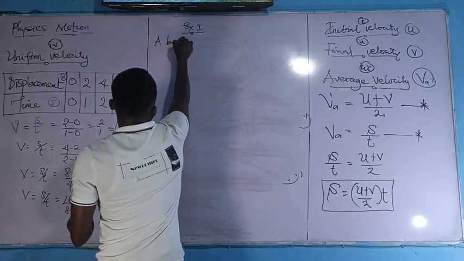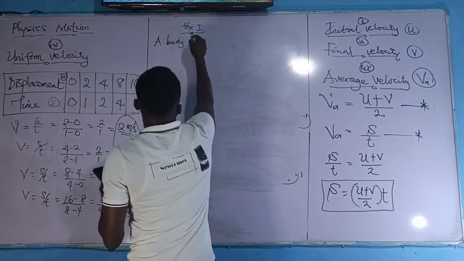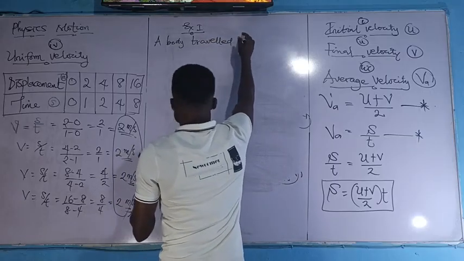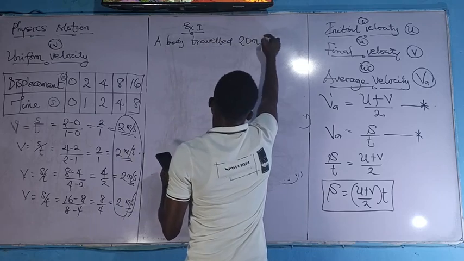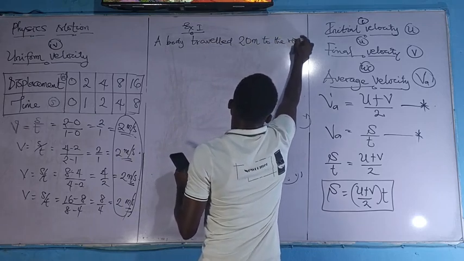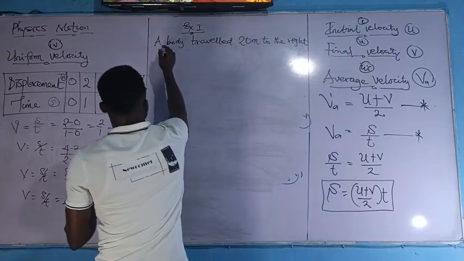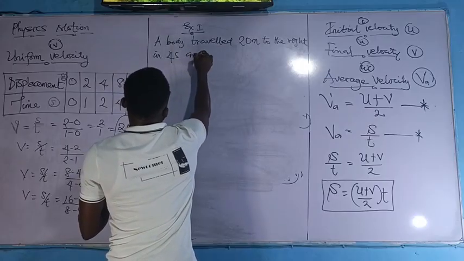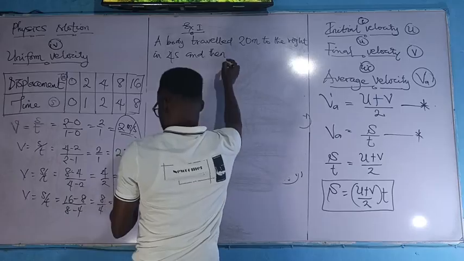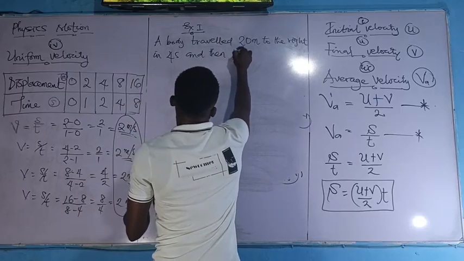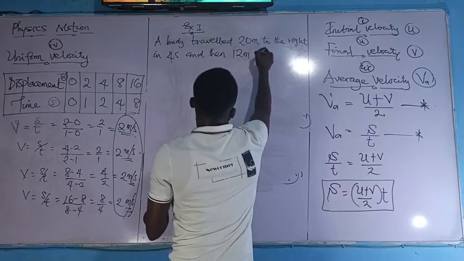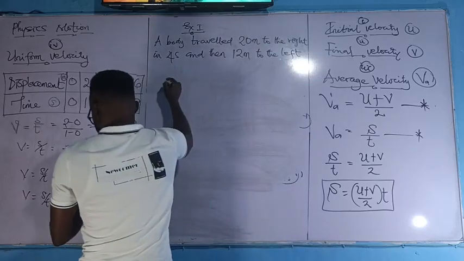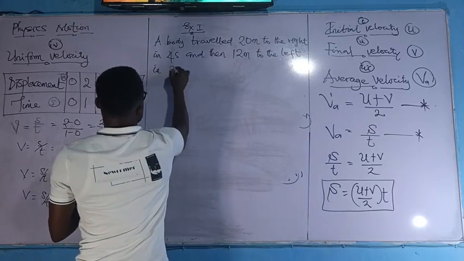A body traveled 20 meters to the right in 4 seconds, and then 12 meters to the left in 3 seconds.